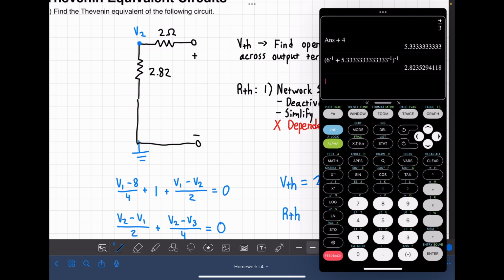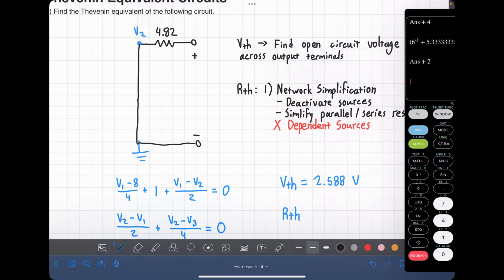And then we add that to 2 to get our final Thevenin resistance of 4.824.